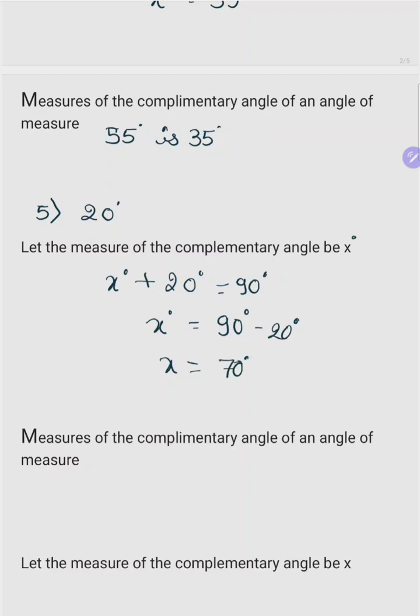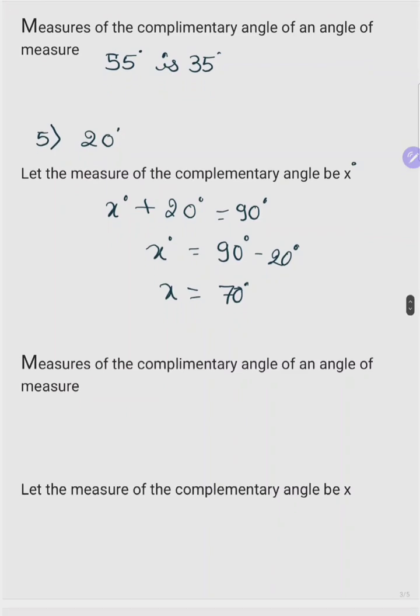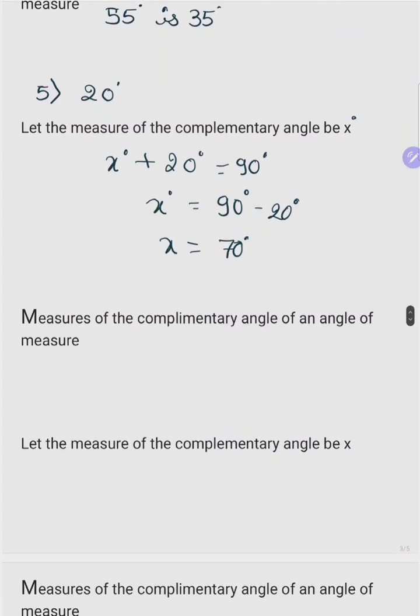So 70 plus 20, how much is it? 90 degree. So the measure of the complement angle of an angle of measure 20 degree is 70 degree.